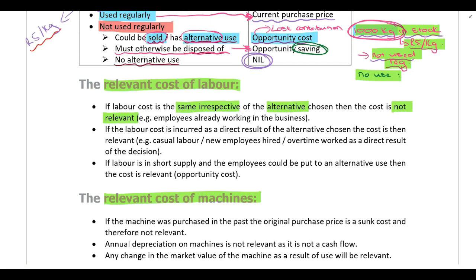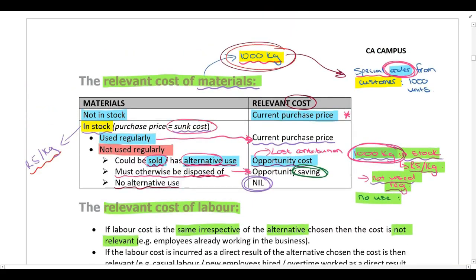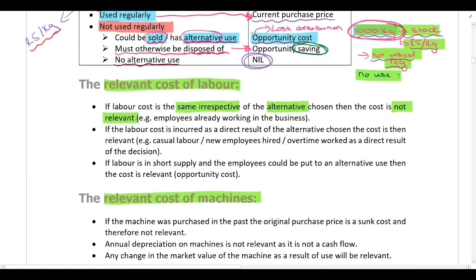So for example, we are still looking at this special order here that we received from one of our customers for 1,000 units. If these units are going to be made by employees who are already working in the business and they earn a fixed salary, then the cost is not relevant. So let's say we pay our laborers, they are existing employees already working in the business and they earn a fixed salary of 10,000 Rand per month.